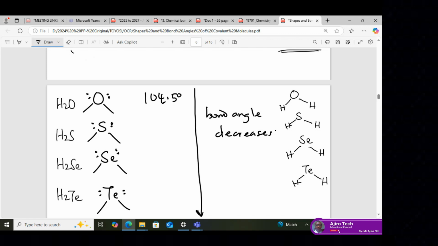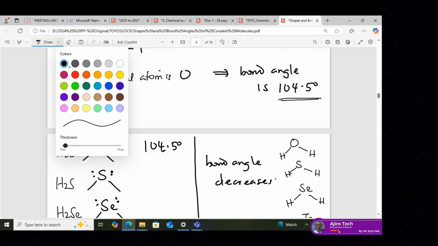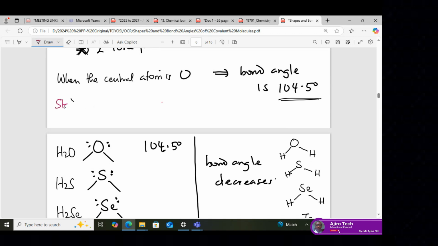One year they asked, what is the bond angle in hydrogen selenide? The question was: state the approximate bond angle in hydrogen selenide.